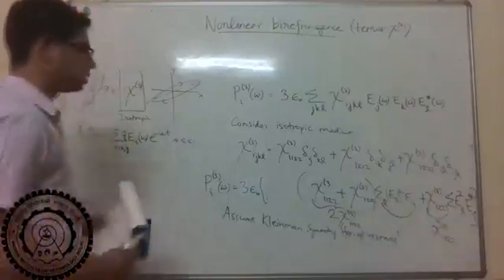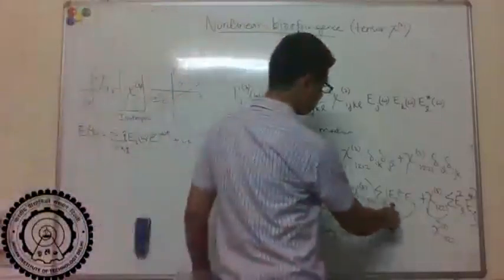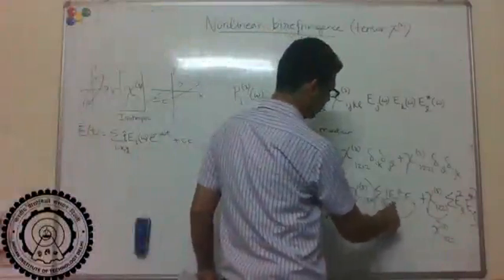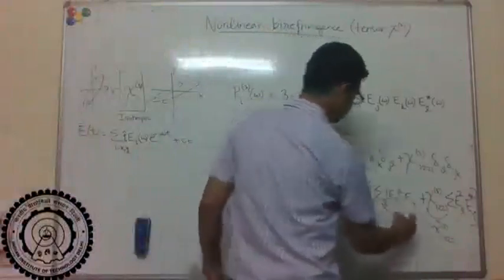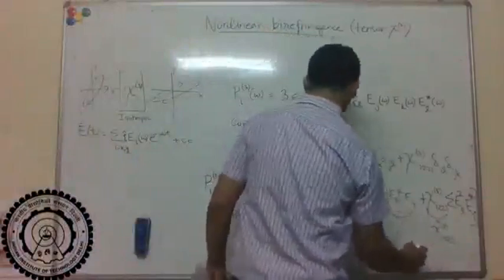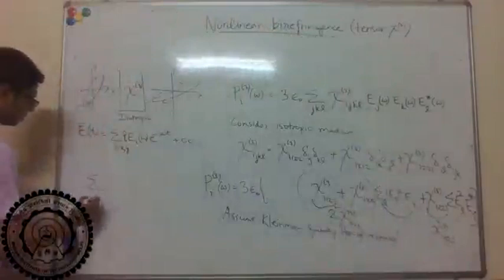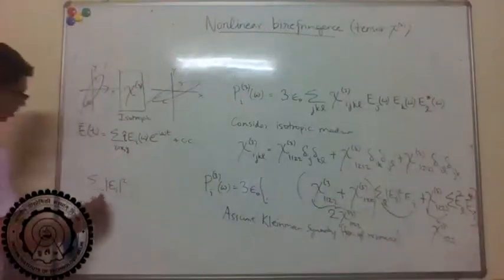Okay, and notice one more thing. So this is the sum over the directions of mod E square, which is basically the sum over the directions, so this could be, let's say, x or y.